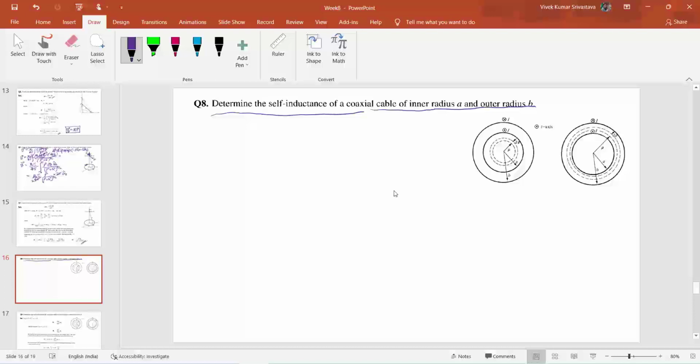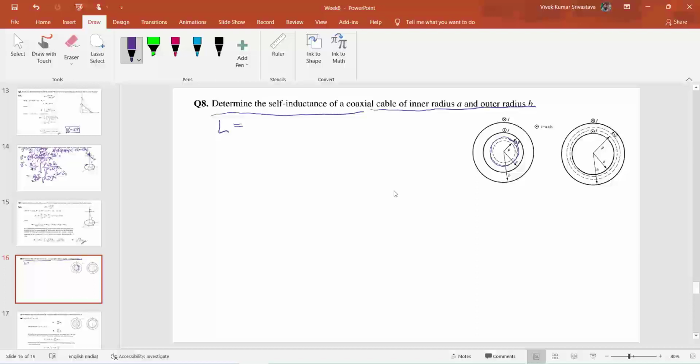So for determining the total self inductance of this cable we have to basically determine two different inductances. One is the inductance that exists inside this inner conductor, and the other one is outside this conductor, between these two conductors, okay.